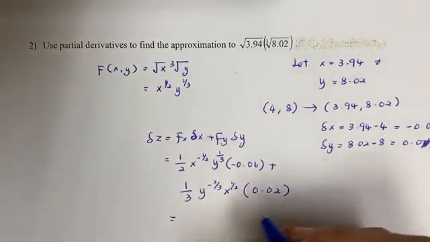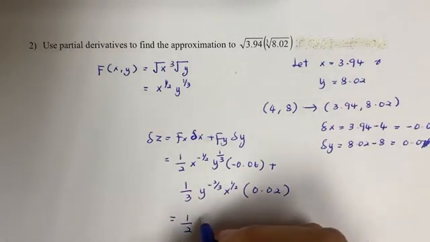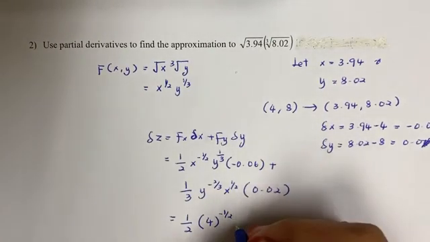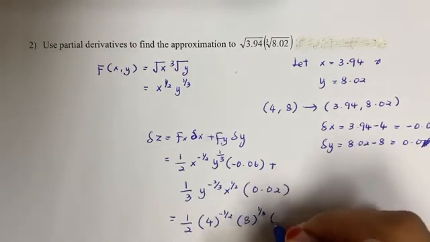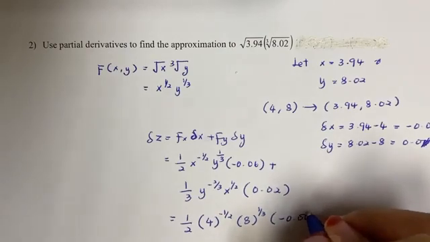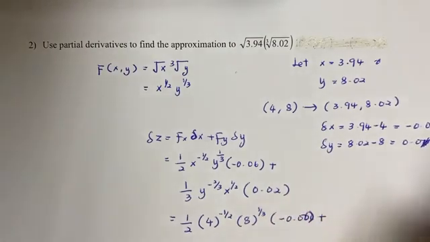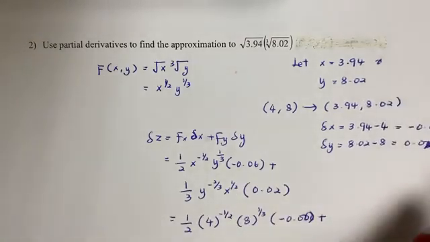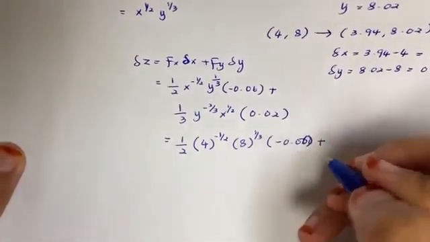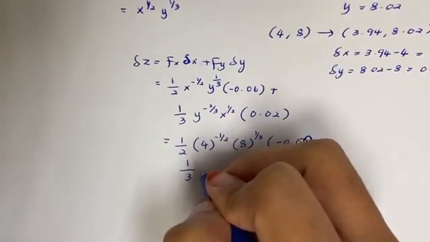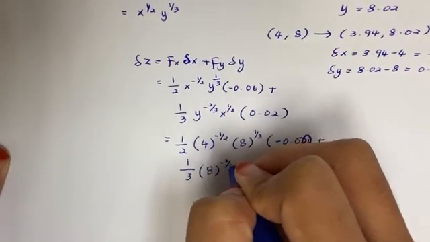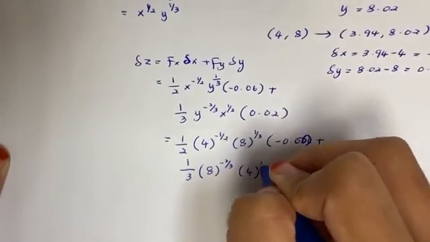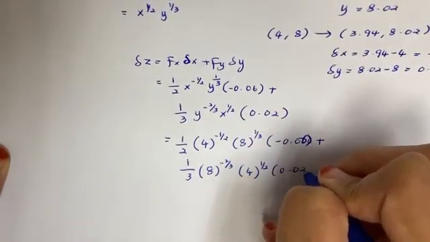Okay, so this is equal to 1 over 2, 4 to the power of minus half, 8 to the power of 1 over 3, multiplied by minus 0.06 plus 1 over 3, 8 to the power of minus 2 over 3, 4 to the power of half, multiplied by 0.02.